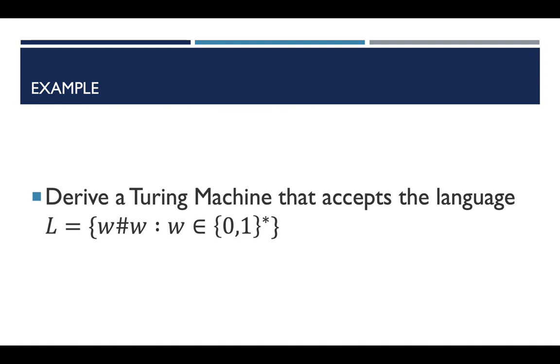You might also have some difficulty trying to derive a context-free grammar for this particular language. However, we're going to show that Turing machines can actually identify whether or not a specific string is in this language.